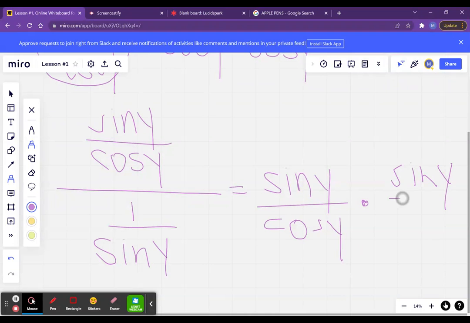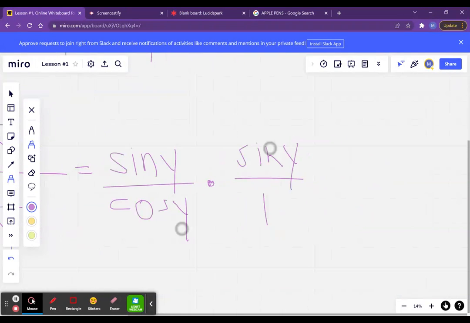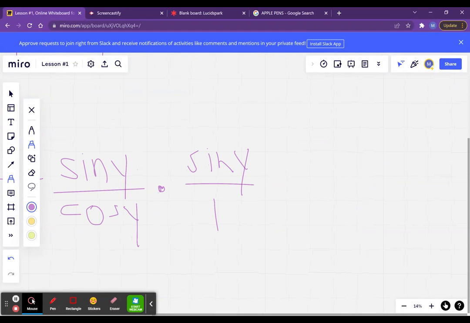The reason we're able to do this is because we're taking the reciprocal of the denominator. Since it is 1 over sine y in the denominator, we can flip it and do sine y over 1 so that we don't have a denominator to deal with. Now we just multiply, and we get sine squared y, since sine y times sine y is sine squared y, over cosine y.